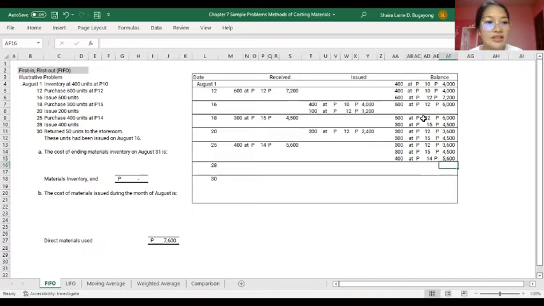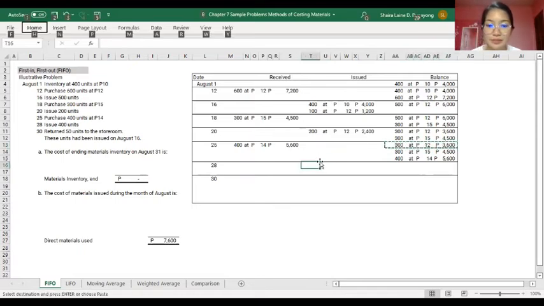5.6. On August 28, nag-issue na po siya og 400 units. So kuhaan na to daan is kanilang nga balance. So ang kaning 300 tanan ni, and also kulangan pa din siya og 100.